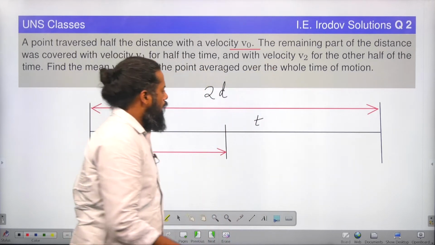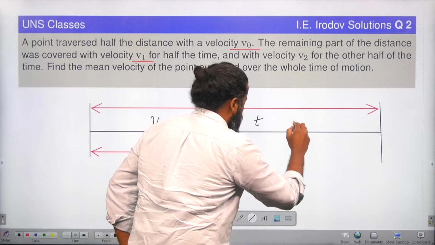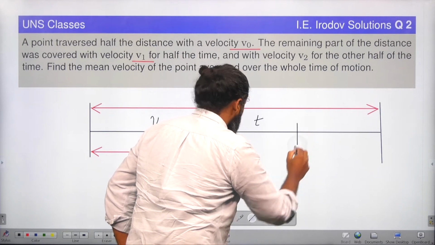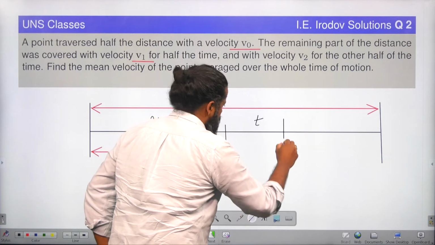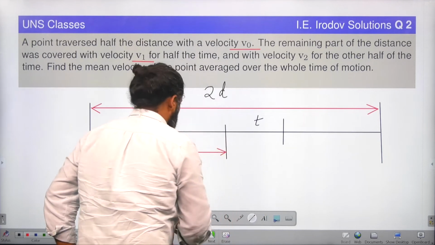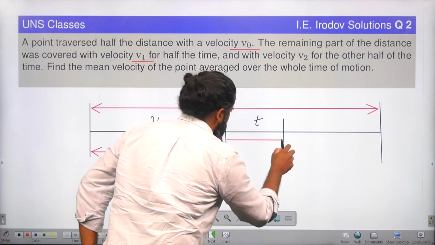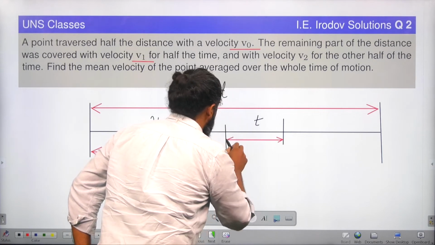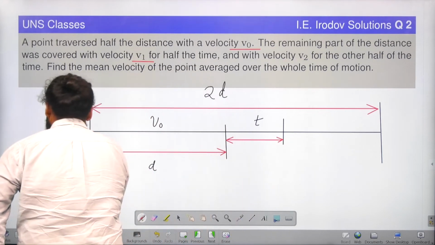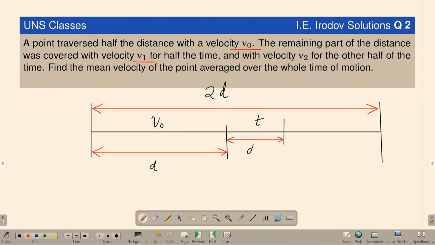The remaining half is covered in 2 equal intervals of time, and let t be the first half of time. During that time the body travels some distance, and let that distance be d1. The second part is again covered in an interval of time t, and let the distance be d2.